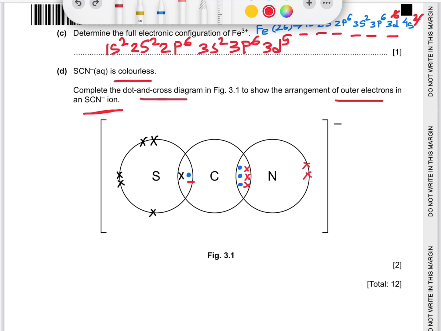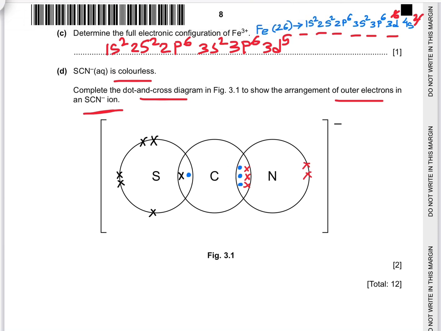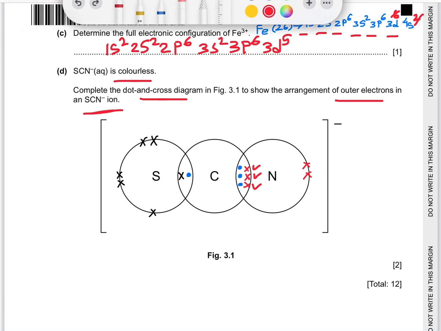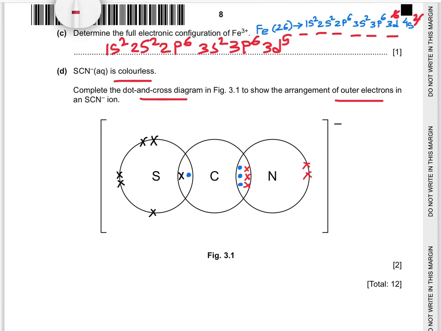Now for nitrogen we have 5 outermost electrons. So 1, 2, 3, 4 and 5 for nitrogen. And for sulfur we have 6 valence electrons. So we have put 1, 2, 3, 4, 5, 6.